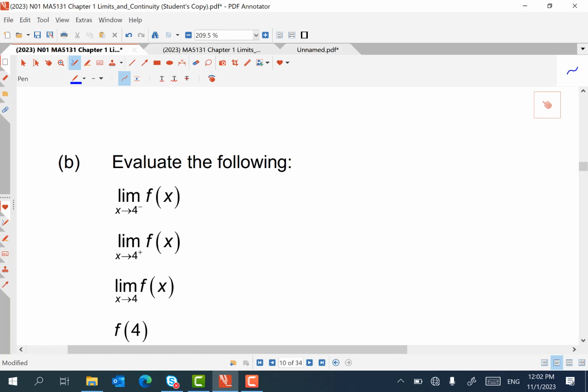A lot of you will write down the answer right away. But I prefer that you write one more line before writing down the answer. I know that you know it's 2, but I prefer that you write down this as 6 minus x first.